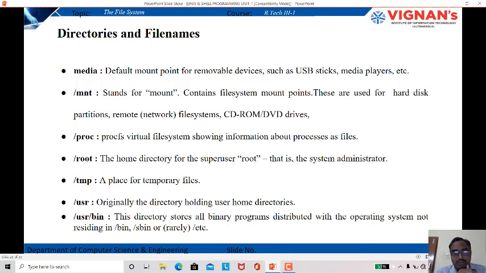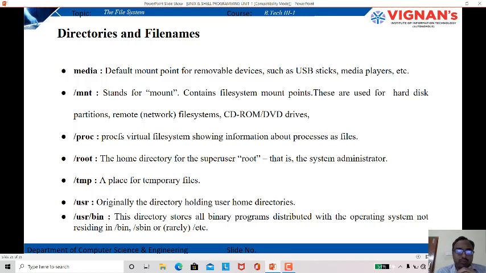Next one is proc. The full form of proc is process file system, or process virtual file system, which shows the information about processes as files. Processes will act as files.